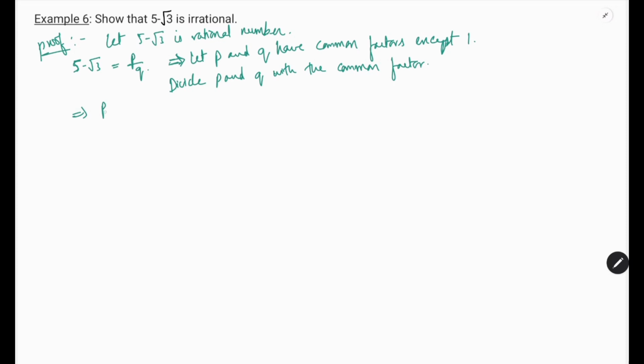After dividing we get a by b, where a and b are co-primes. They don't have any common factor.